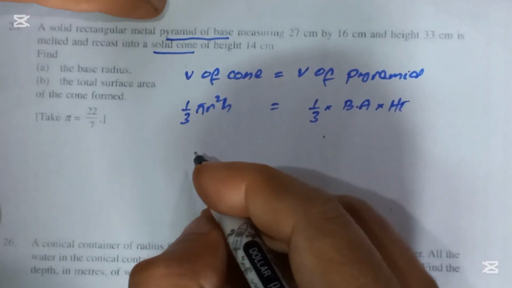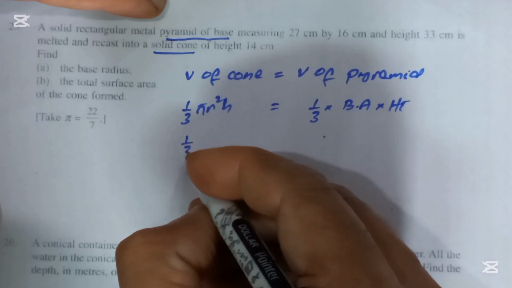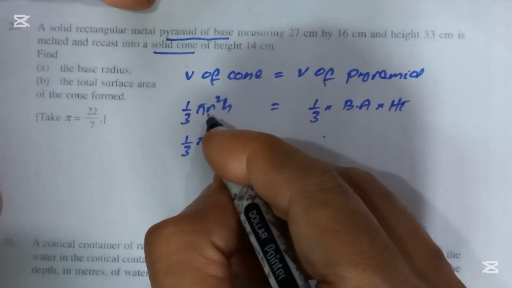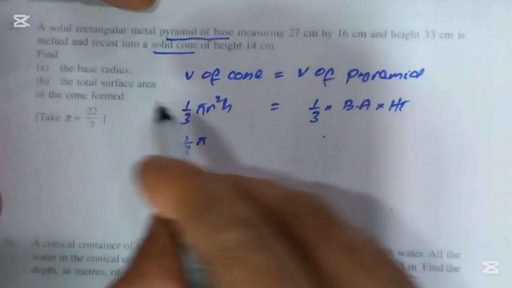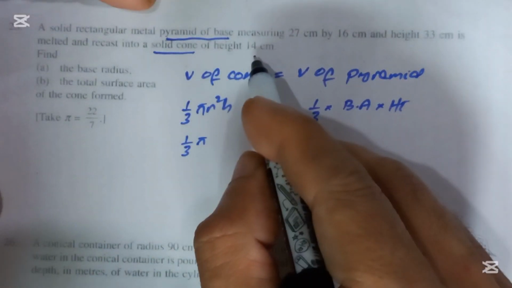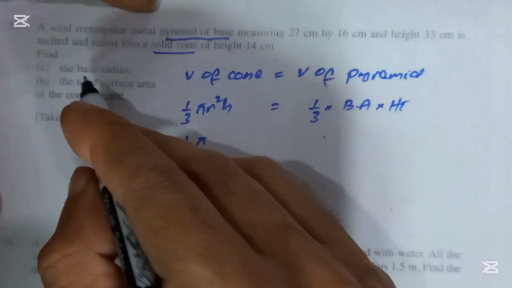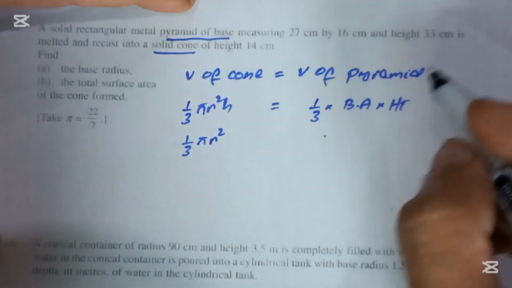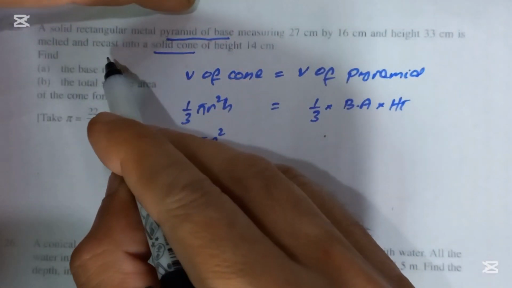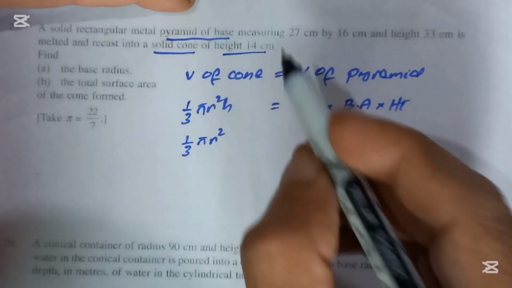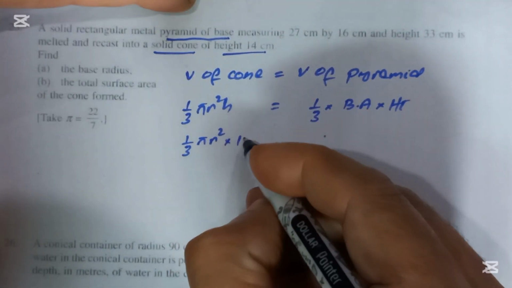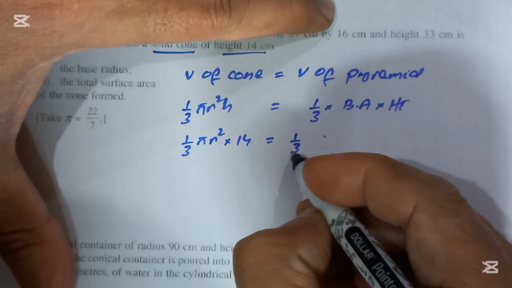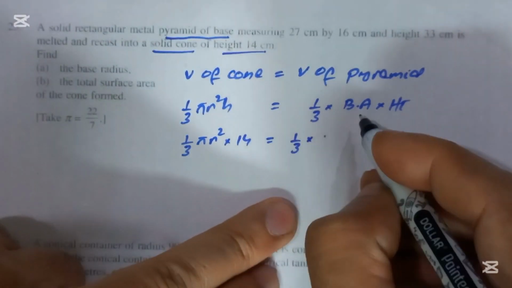Now apply the values. 1 by 3 will remain as it is, pi will remain as it is. Height of the cone is given, radius is missing, so r square will remain as it is, and height of the cone is 14. On the right side, 1 by 3 will remain the same.